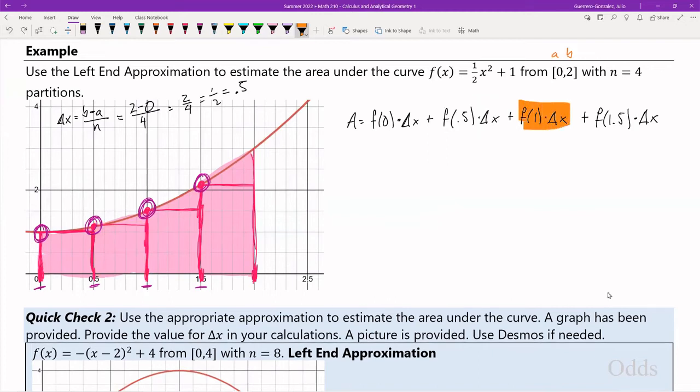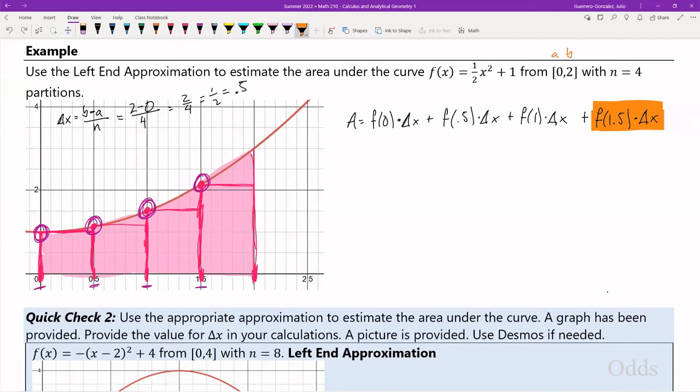This one right here is going to be the calculation for just this third box right there, okay? And then lastly, this right here is the calculation for this box right here, okay? That's it.